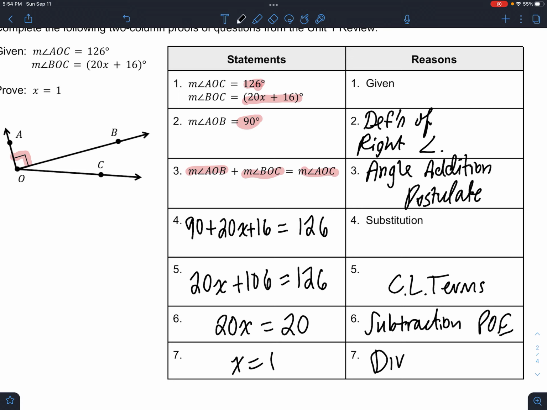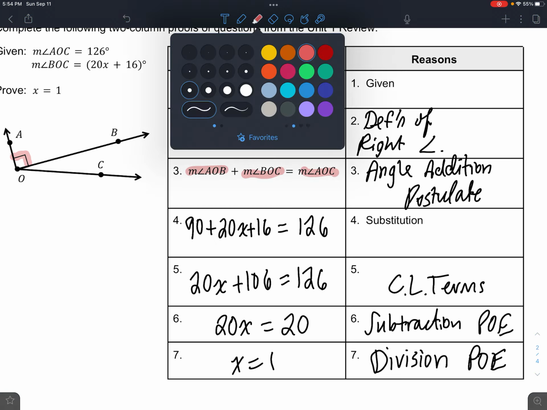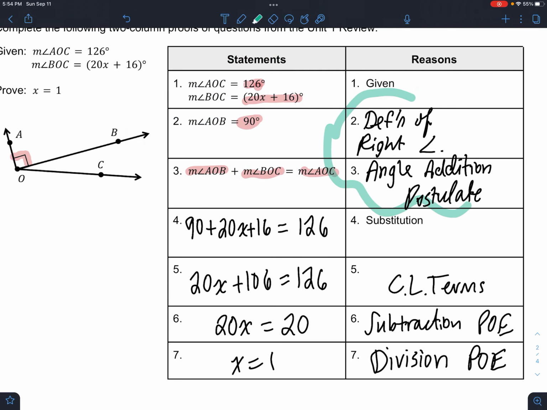Not always, but sometimes we add or subtract last. But that's it. Okay, so some of the more difficult parts at this point might be like this part and like connecting the geometry in. But luckily I have magnets for all these things, so you'll always have a word bank of what you can use.